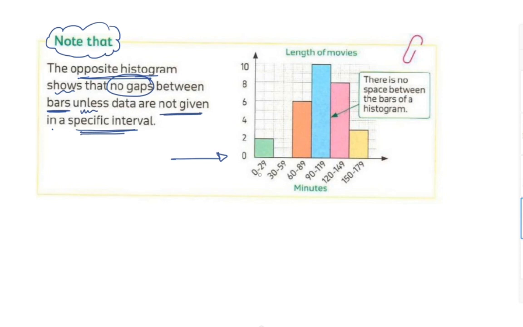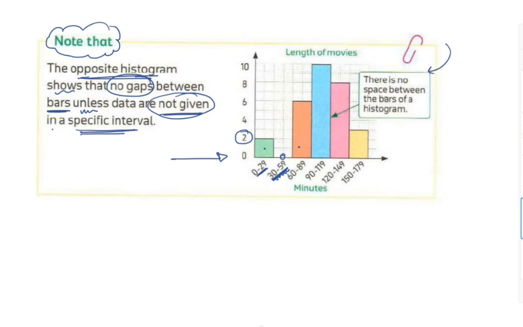Here from 0 to 29 we have 2. Here from 30 to 59 we have 0. So for this 0, I need to make a gap between this bar and this bar. Why? Because this interval is not given, I put it as 0. It's blank here, and you continue your bars.